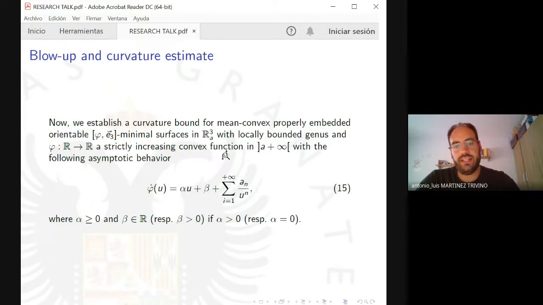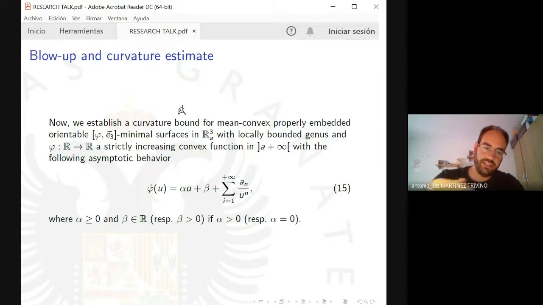Now we study the blow up and the curvature estimates. We establish a curvature bound for mean convex properly embedded orientable phi-minimal surfaces with locally bounded genus. Moreover, we need to assume that phi is a strictly increasing convex function with the following asymptotic behavior. This curvature estimate is a consequence of a blow up result. We see this result in the following slides.